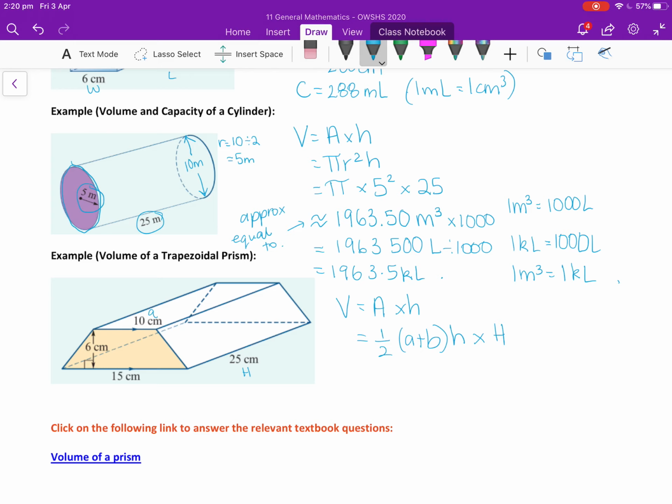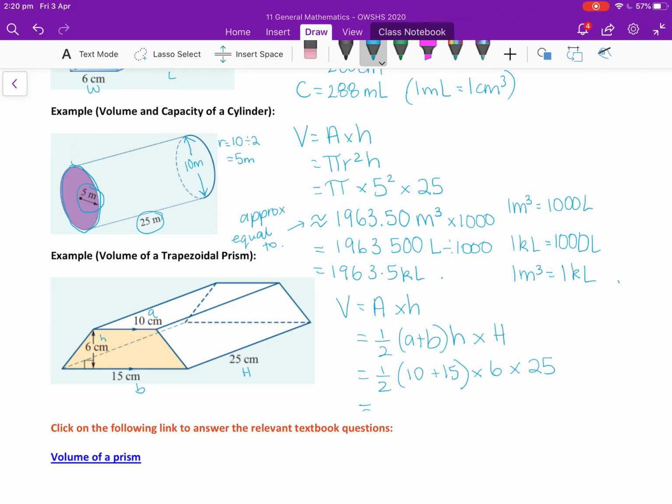Our A and B are your 10 and your 15. And the height, little h, we're going to call for the 6, the height of the trapezium. So half A, which is 10, plus B, which is 15, times our height, which is 6, times our height of the prism, 25. I'm going to input that into the calculator.